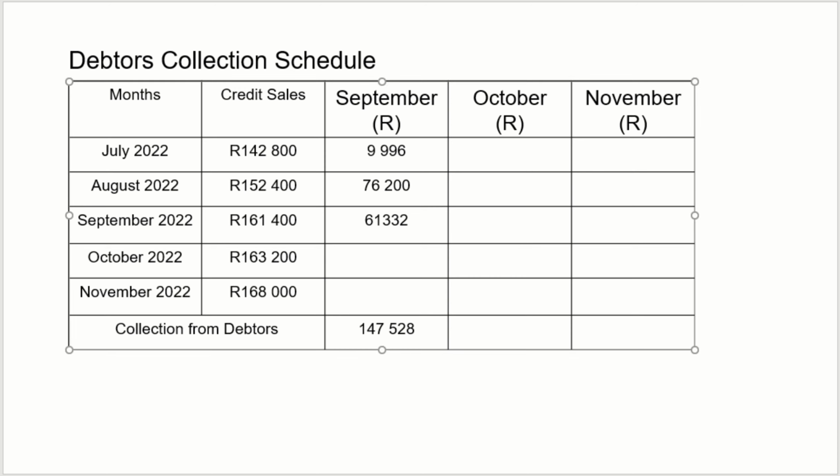So we come over here and say 62,016 rands. Okay, so now going back again, what we do, we take the credit sale, we multiply it by the 40%, and then we again multiply it by 100 minus the discount percentage.